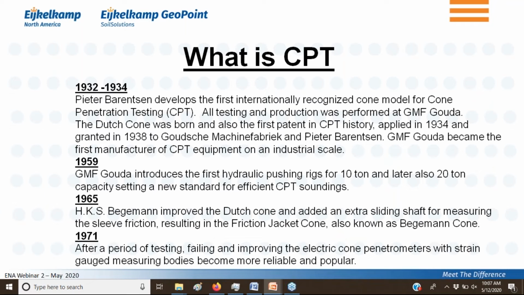And then in 1971, so almost 50 years ago, we came up with an electric cone penetrometer where the tip resistance, the sleeve friction, and the pore pressure are measured electronically, and those signals are sent to the surface. So really, the method has been around for about 90 years. And the method that we're using right now, electrical CPT, has been around for about 50 years.